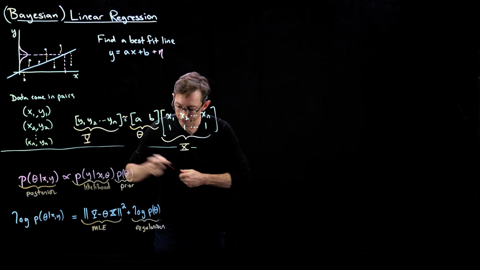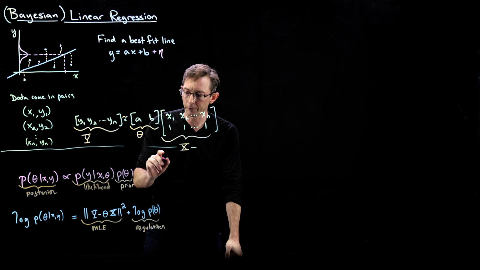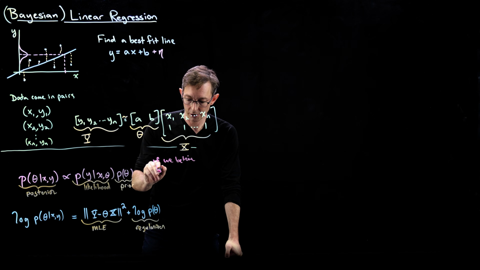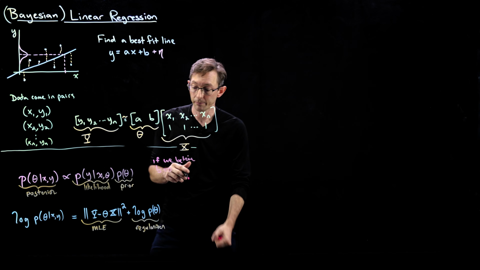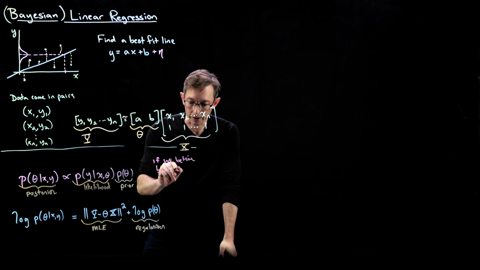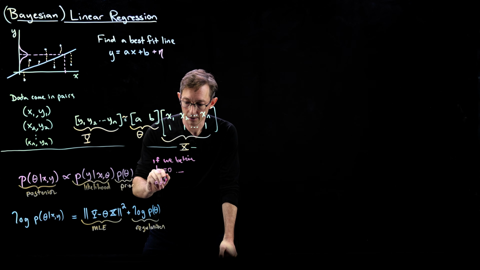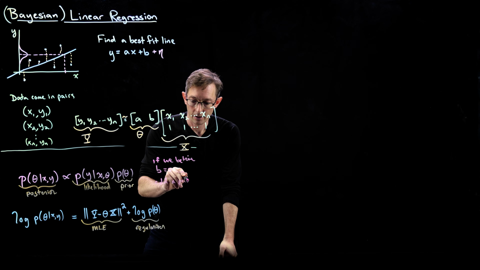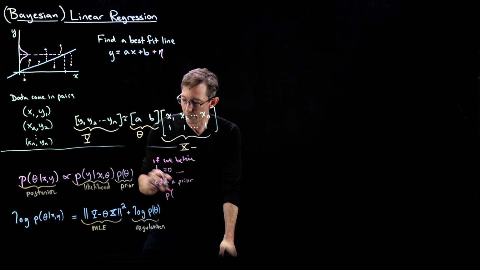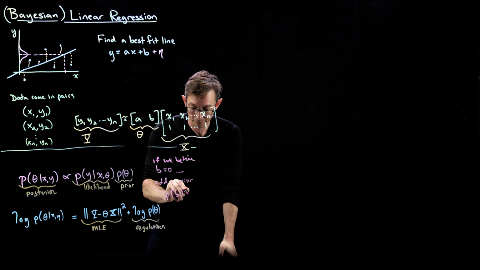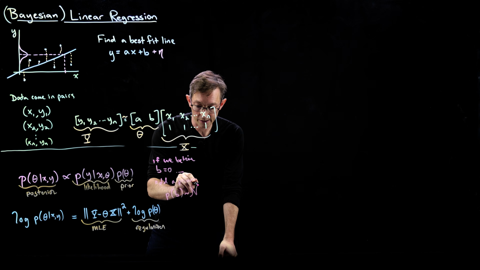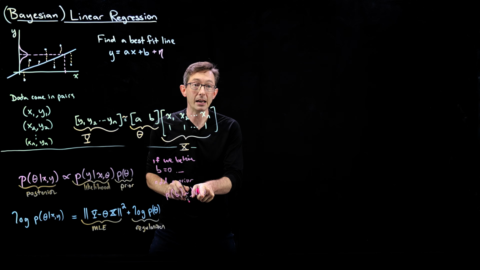So if we believe that b should equal 0, so essentially the line intersects the origin, then we can add a prior that the parameter b is normally distributed with a mean at 0.